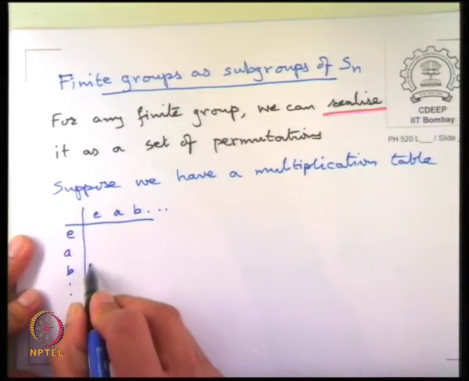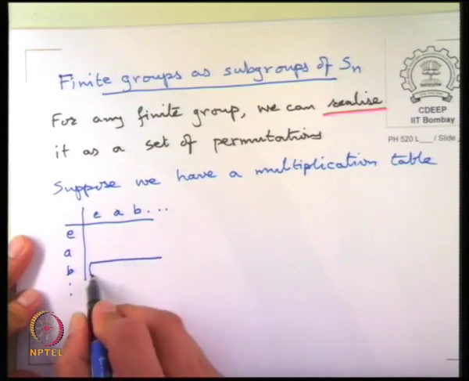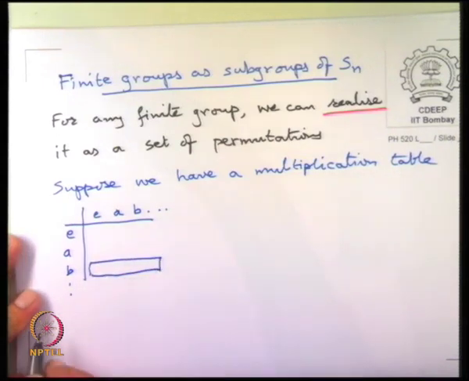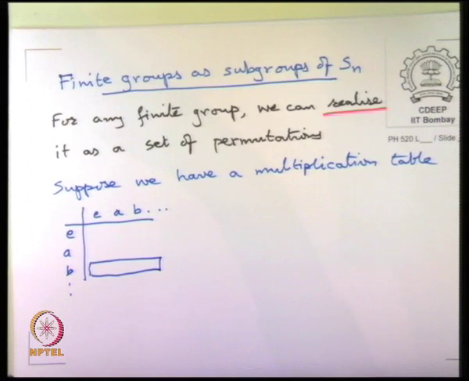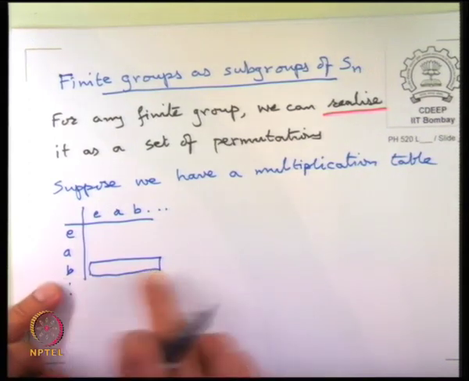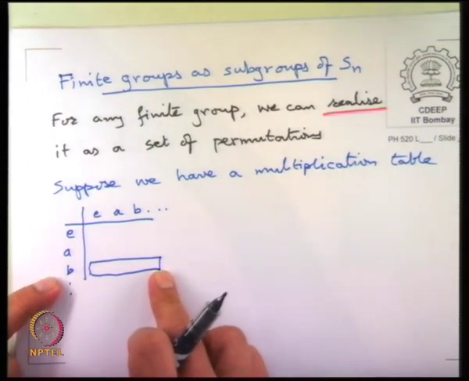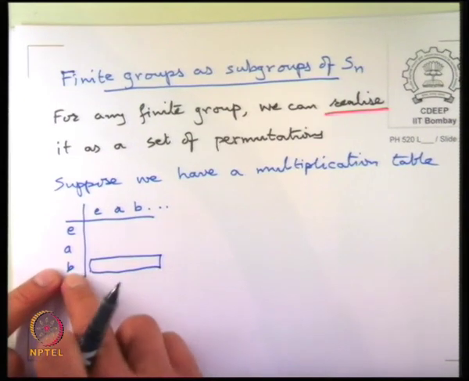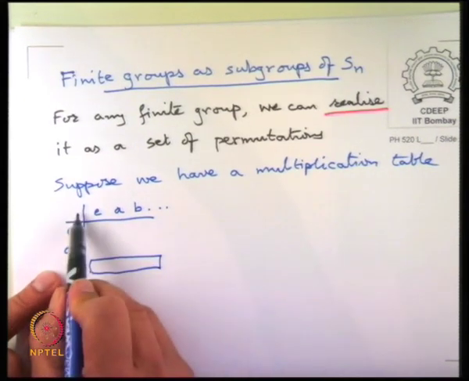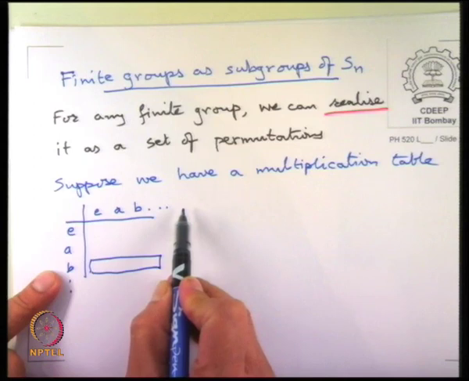Suppose we take one particular row in this. Now, what does this row represent? It is equivalent to this element B acting on this top initial row of elements.